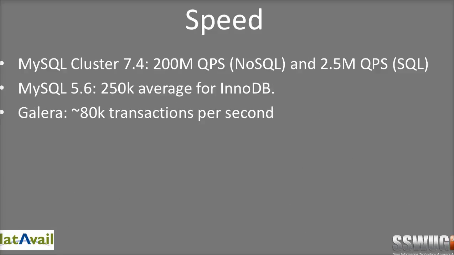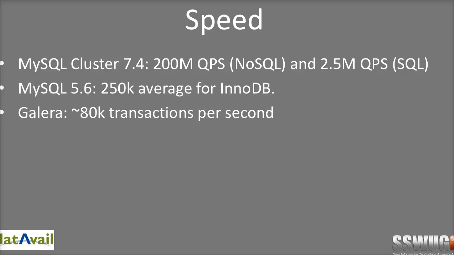Now for speed, Galera, MySQL Cluster and MySQL 5.6 have all been benchmarked, and there are different kinds of benchmarks, so they're kind of talking about apples and oranges. Galera has been benchmarked around 80K transactions per second. MySQL 5.6 is 250K average for InnoDB specifically, and Cluster can do 2.5 million queries per second.